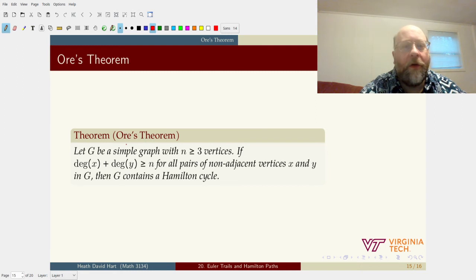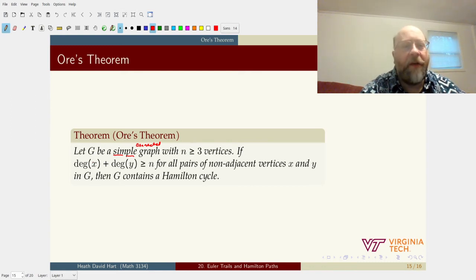So let's let G be a simple graph, so that's no loops. And actually, I also need to make this connected. A simple and connected graph with at least 3 vertices.